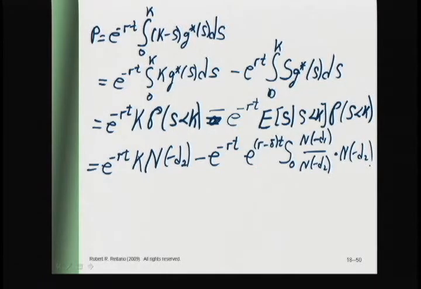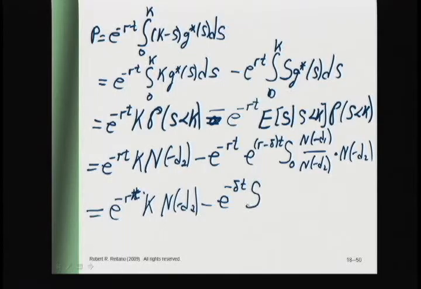So I have lots of cancellations, and I finally get the present value of the strike times N of minus d2 minus, notice the e to the minus rT cancels out just as it did in the call formula, and I only end up with the present value in the dividend terms of S0 times N of minus d1, since the N of minus d2 cancels.